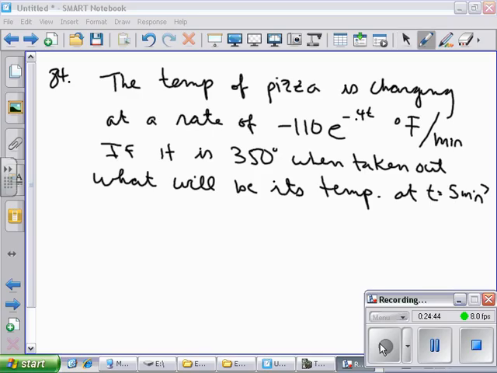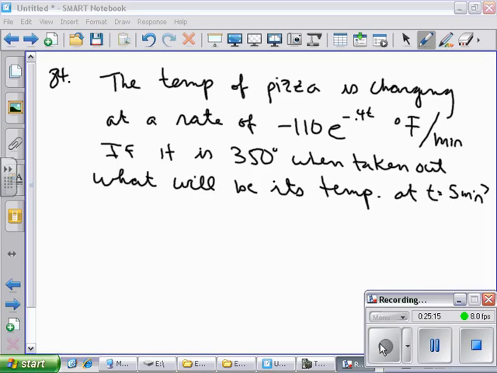Okay, we have the rate at which the temperature is changing. If we integrate that, what's that going to give us? The total change in the temperature, right? Now, they actually want to know what the temperature is. They don't say what is just the change. So whenever they want to know what the value of a function is, you got to take your starting value, and then you can just subtract or add this change, which this rate is negative, so it will be a negative number.